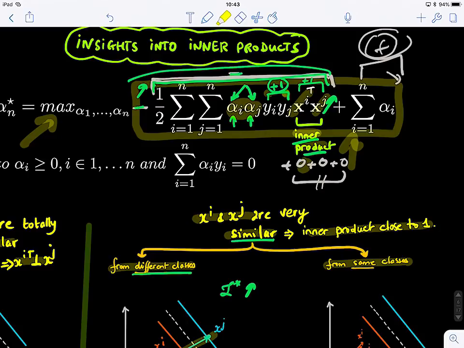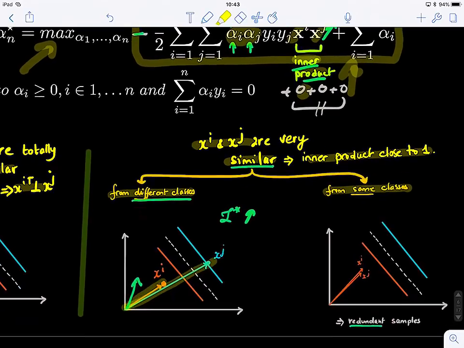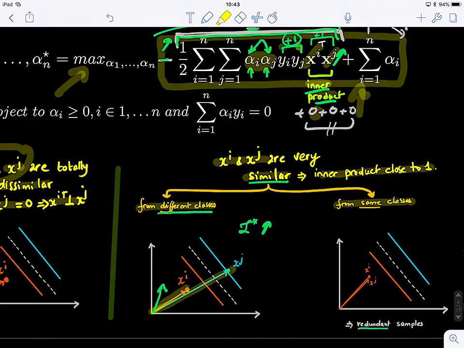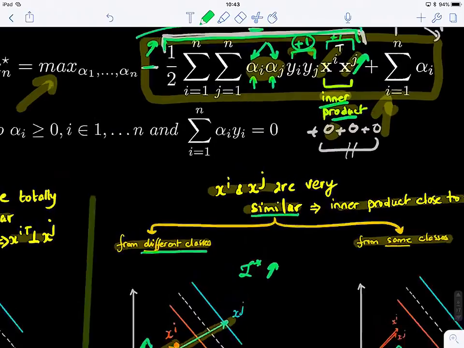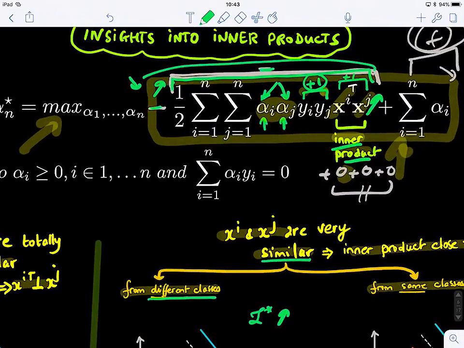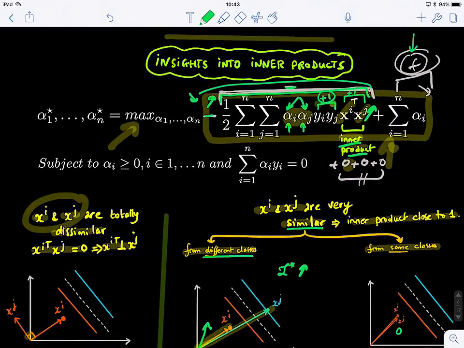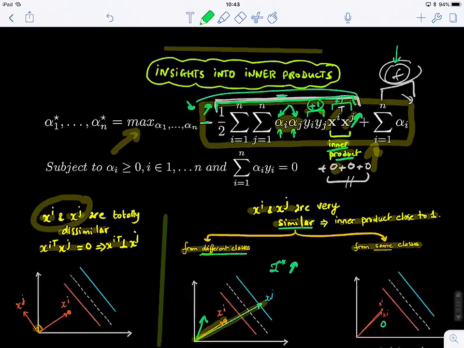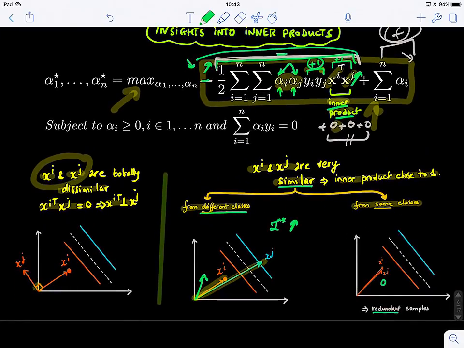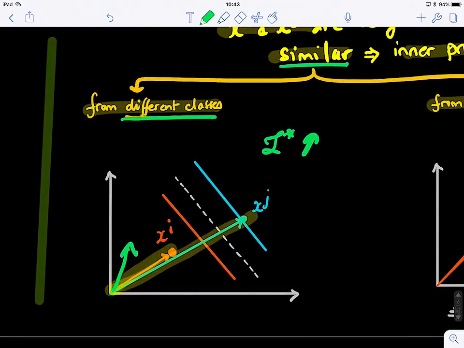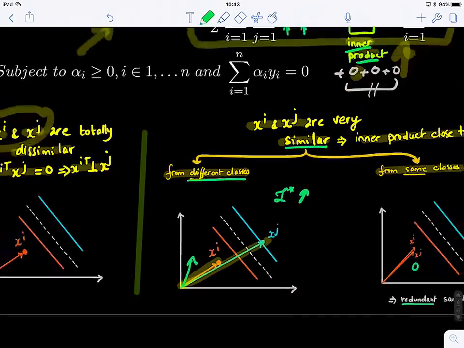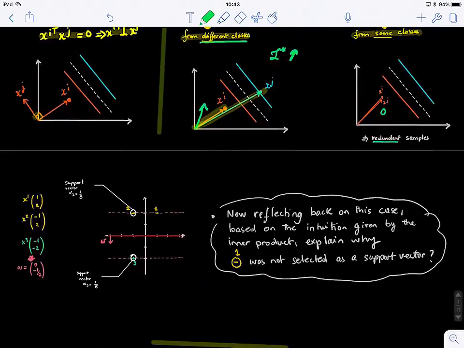We want the best alphas for this. So for redundant points, generally the best way to penalize them is to set them to 0, because you can't give them larger alphas. This is one way of decreasing the influence of this negative term that you're now subtracting from this positive term. So basically, SVM downgrades redundant samples, and it looks for good similar samples drawn from different classes.